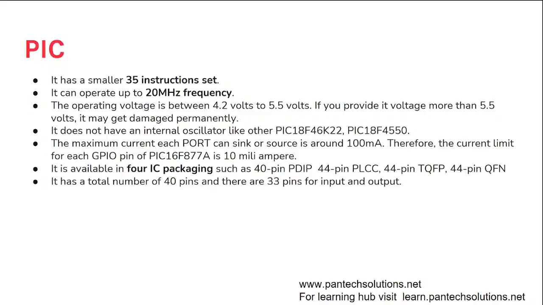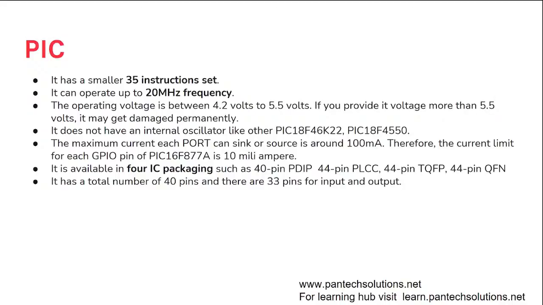And it can operate up to 20 megahertz frequency. The operating voltage should be between 4.2 and 5.5 volts, like a 5 volt power supply. PIC 16F8778 does not have an internal oscillator. The maximum current each port can supply is 100 milliamps.